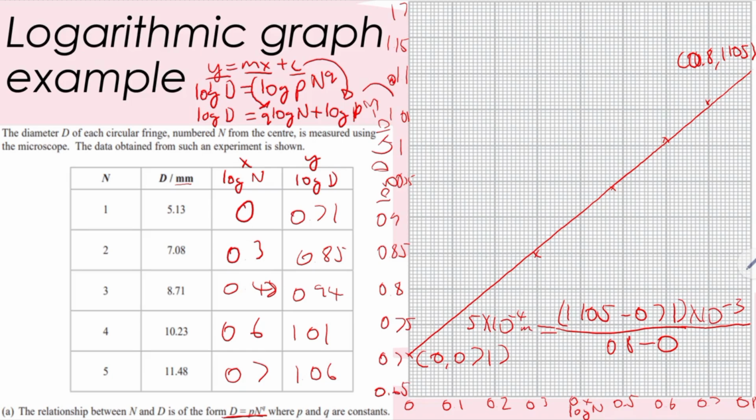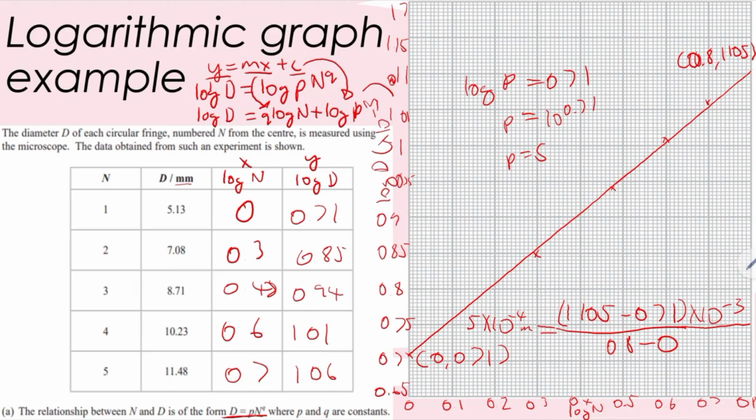So now we need to find P, and we know that log P equals 0.71, as that is where the y-intercept is, and to get P by itself you need to do 10 to the power of 0.71, as it is log base 10 of P. When we do that, P will equal 10 to the power of 0.71.